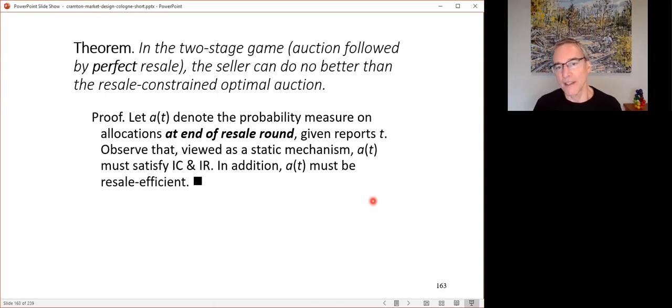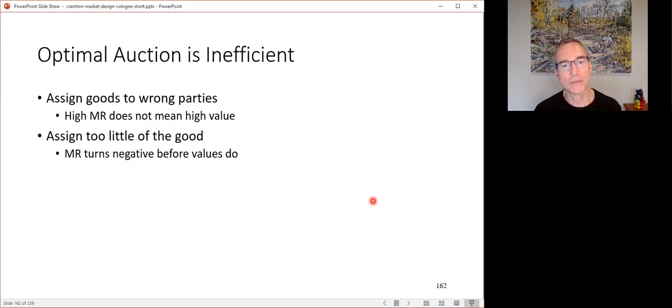And so we've actually looked at, well, what would be the best you could do if you weren't able to commit to preventing resale? One big problem with this is, fine, as a seller, I can withhold the good.